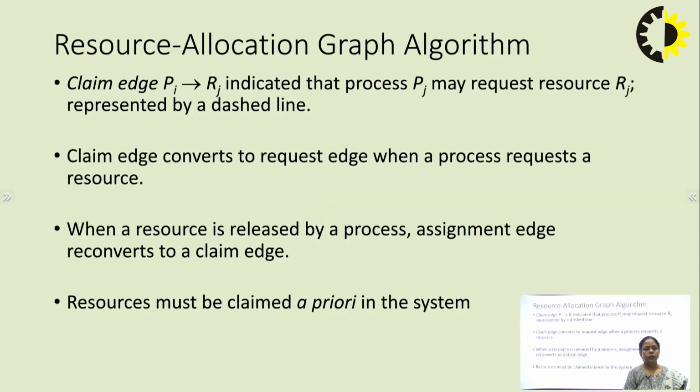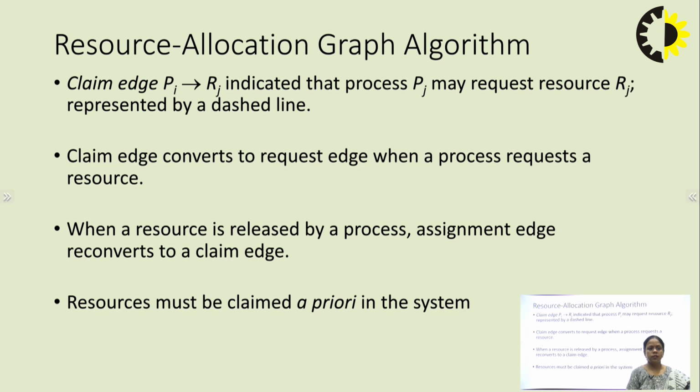Now, resource allocation graph. We have a process which is known as a claim edge, which helps avoid the deadlock. In the claim edge, we will indicate that process Pi may request resource Rj, represented by a dashed line. Claim edge converts to request edge when a process requests a resource.